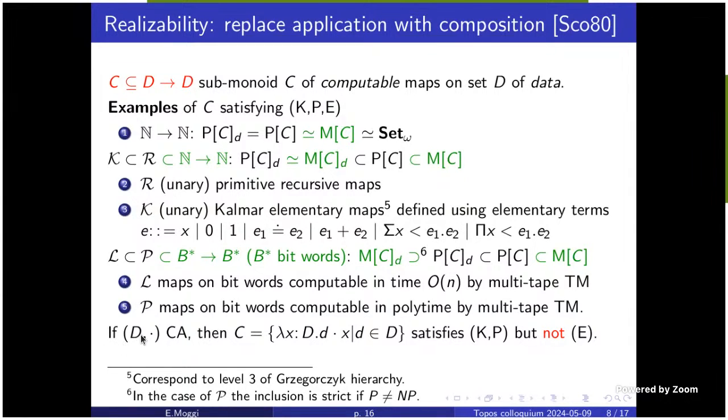By the way, if I start with a combinatory algebra, I can recover a monoid by considering the functions that are expressible using an element of the combinatory algebra. These satisfy these two properties, but they don't satisfy the third property. So there is no testing of equality.